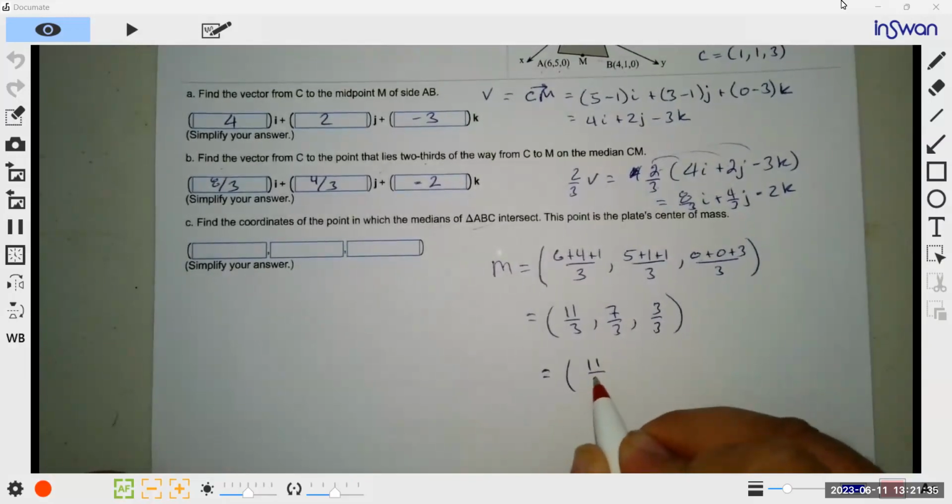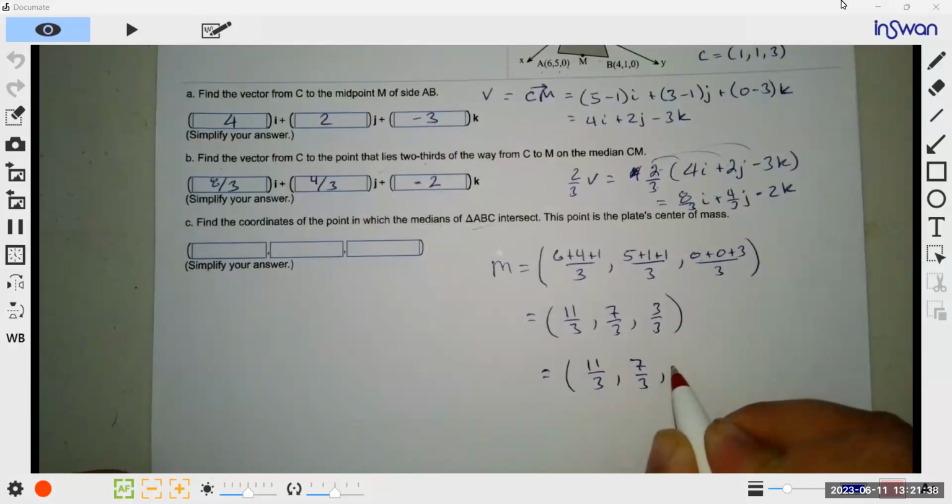So the answer is 11 over 3, 7 over 3, and 1.